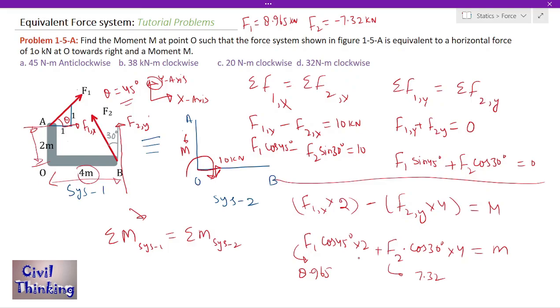Okay, I get the value 38.0356, which is approximately 38, right? All of this is equal to 38, right? Now this equals M.